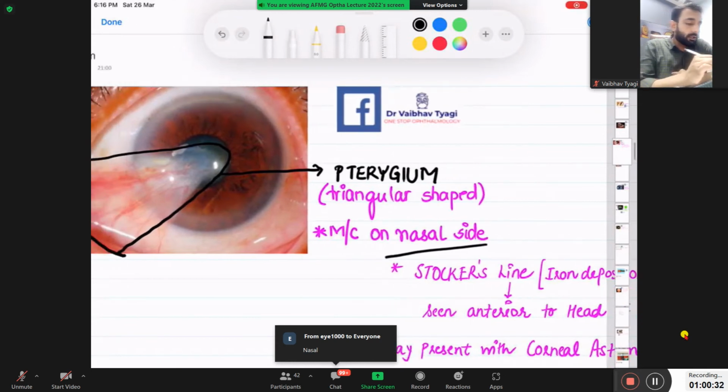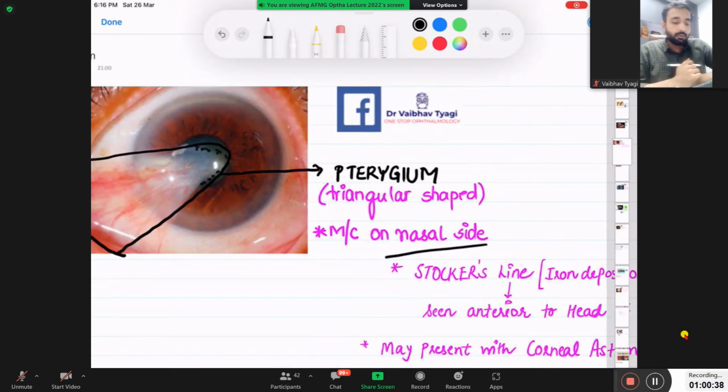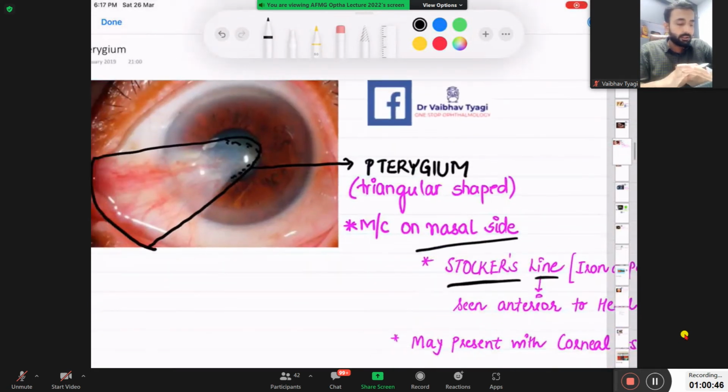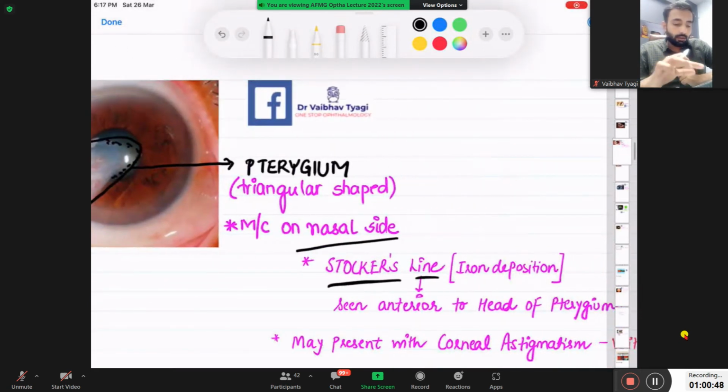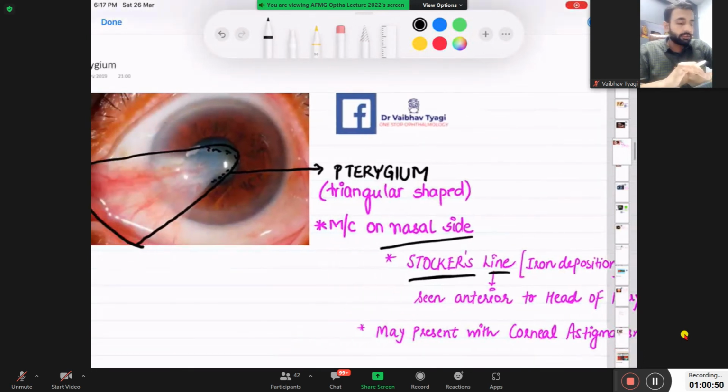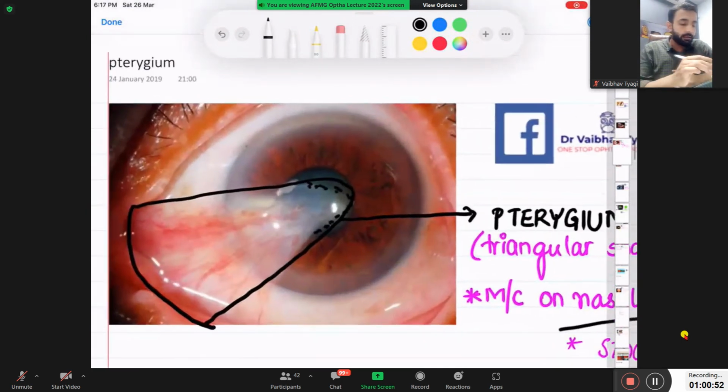You will see a slight yellowish line at the head, because of iron deposition. This line is called Stocker's line, which is seen anterior to the head of the pterygium. Where is the head? This is the head of the pterygium. This is the neck, and this is the body.